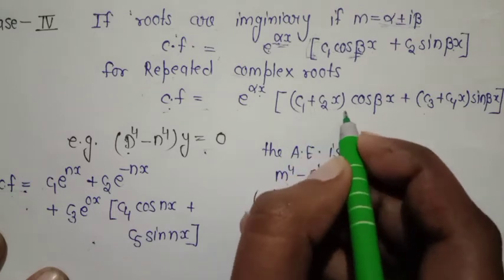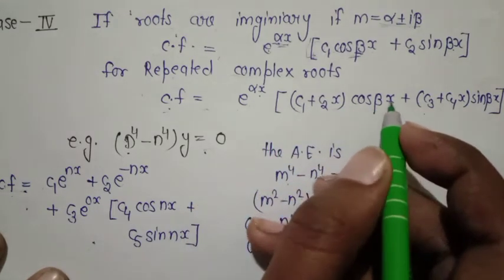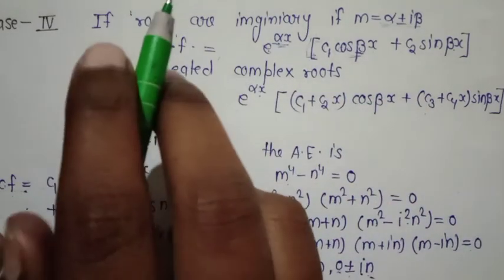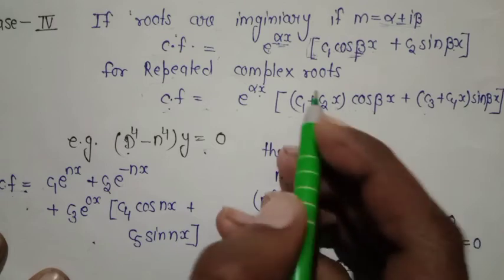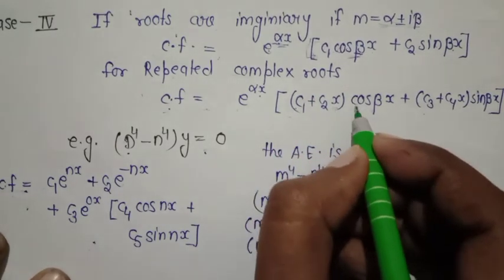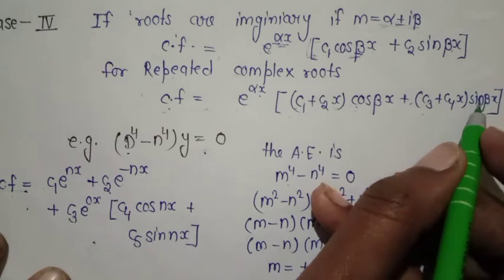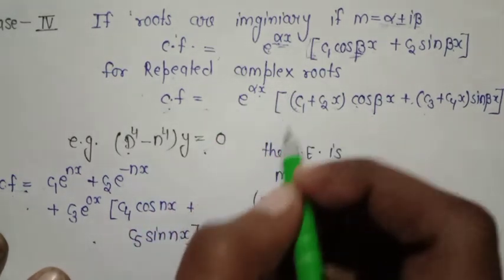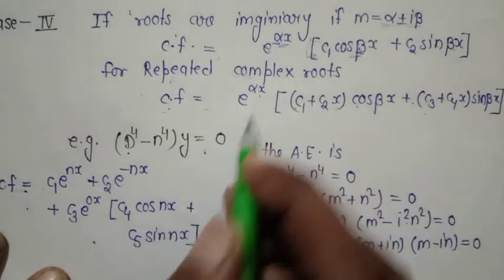This method is also applied in the real roots as well, but there was no cos beta x and sin beta x because they were real. And here we are taking complex roots, so we will apply this method. So C1 plus C2x cos beta x plus C3 plus C4x sin beta x. In this way, we can find the CF when you are getting repeated complex roots.